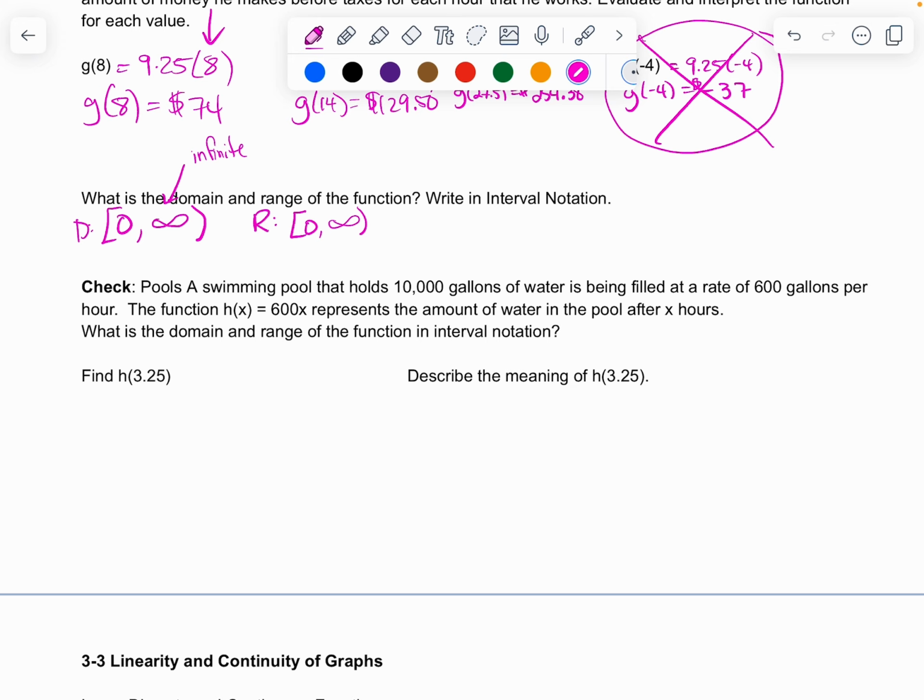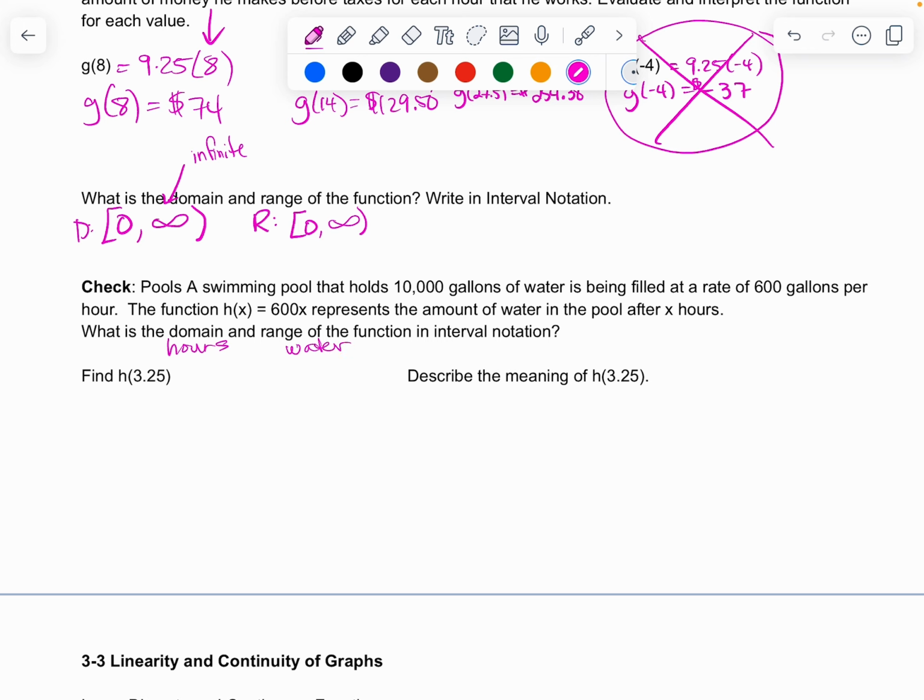What is the domain and range of the function? Okay, so let's think of it. Domain is talking about hours. How many hours can you have? Range is talking about the amount of water.